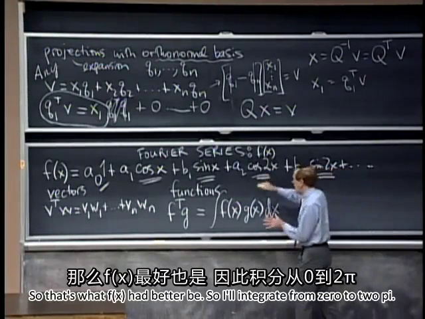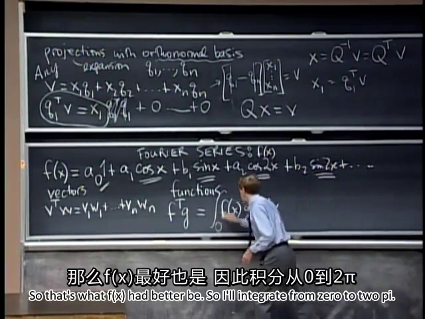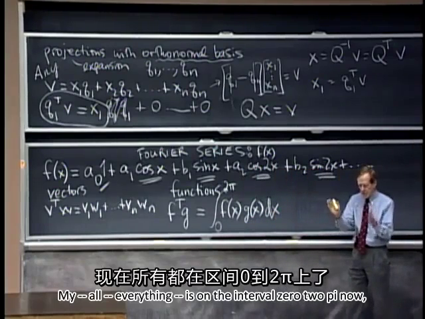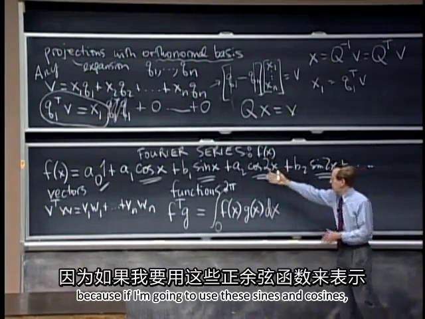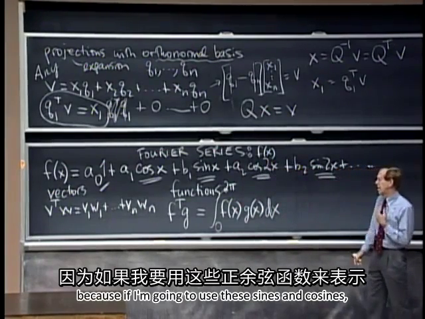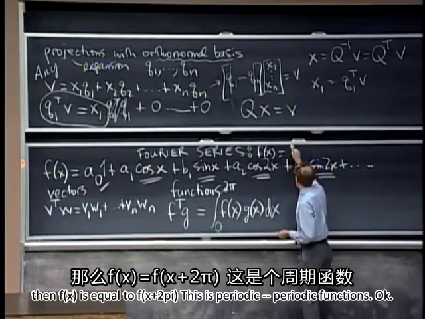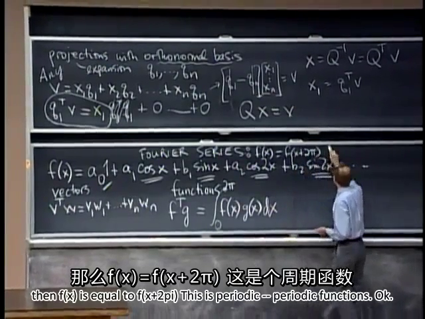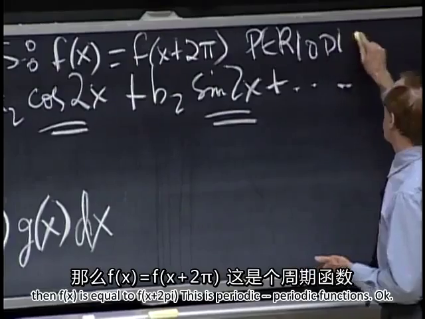So that's what f of x had better be. So I'll integrate from 0 to 2 pi. Everything is on the interval 0 to 2 pi now, because if I'm going to use these sines and cosines, then f of x is equal to f of x plus 2 pi. This is periodic. Periodic functions.